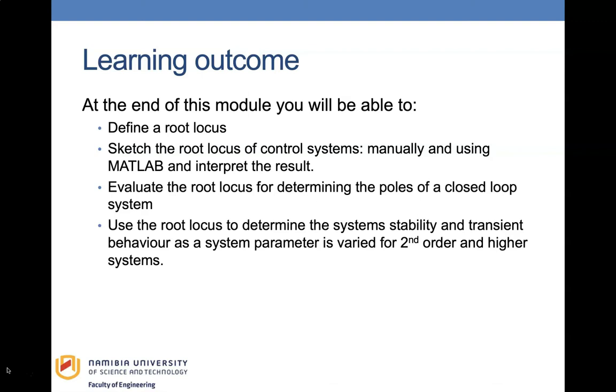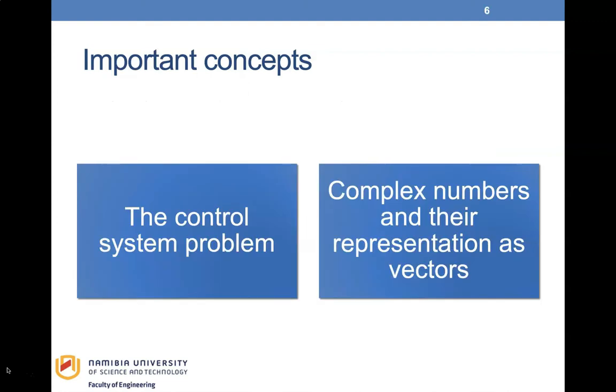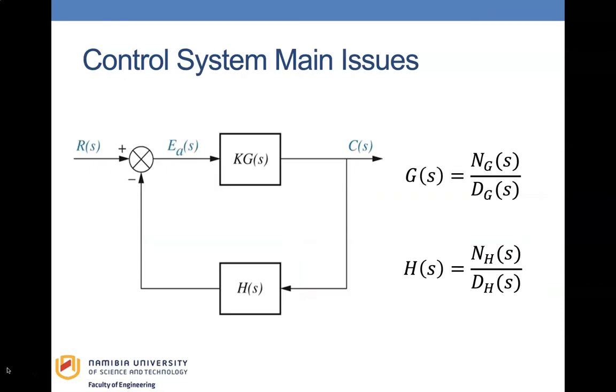Before we present the root locus, let us review two important concepts that we need for the discussion ahead. These are, first, the control system problem, and second, complex numbers and their representation as vectors. Let us start with the main issues of control systems.